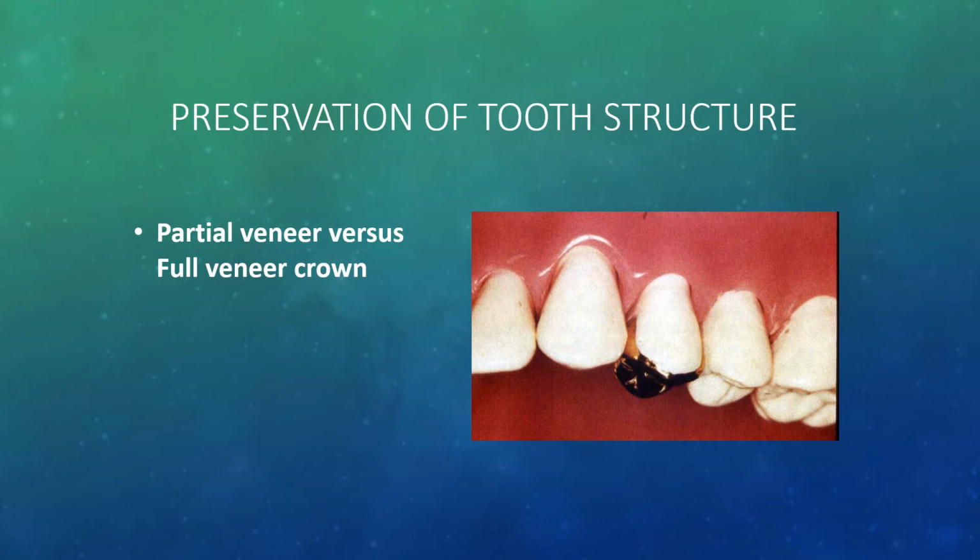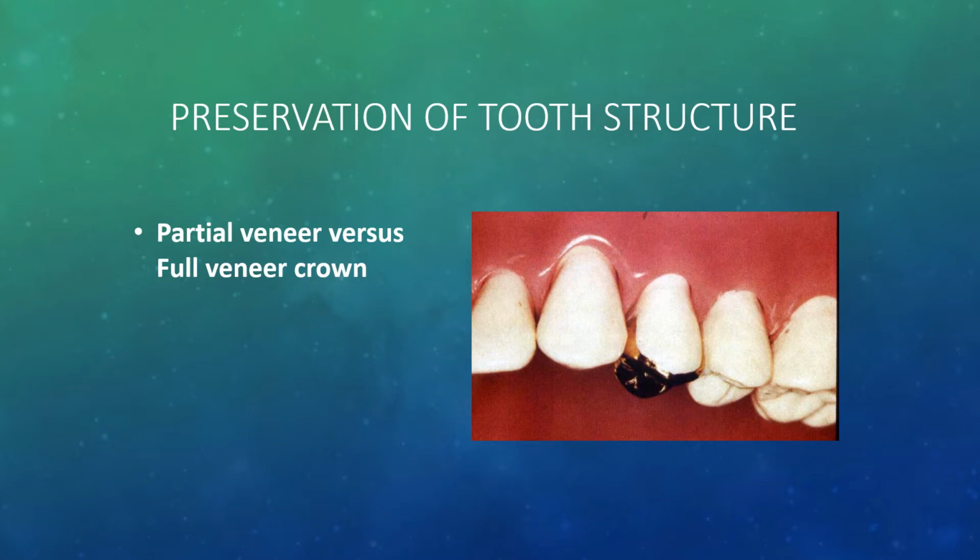Hence the tooth structure is weakened and the restoration that you're going to place over the prepared tooth will be a compromised restoration and it can lead to a failure. It can be fractured because of the occlusal forces and it will not be a successful restoration. So that is where you need to decide which type of crown is required, and based on the clinical appearance, the condition of each tooth, you will have to take a call.